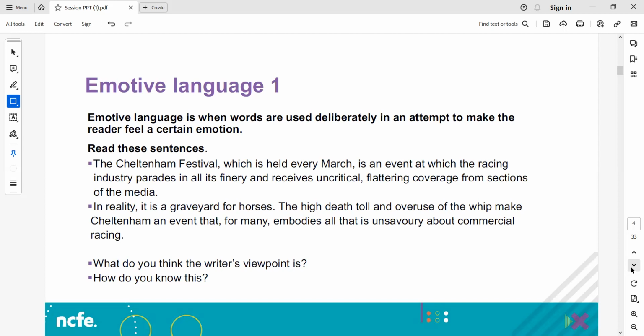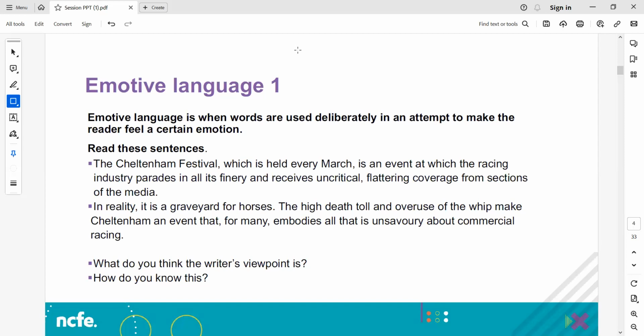So do they like the festival? They think it's a good event? Or do they dislike it and they think it's a negative event? What do you think? So you can unmute yourself to share your ideas. So look at the vocabulary that has been used.